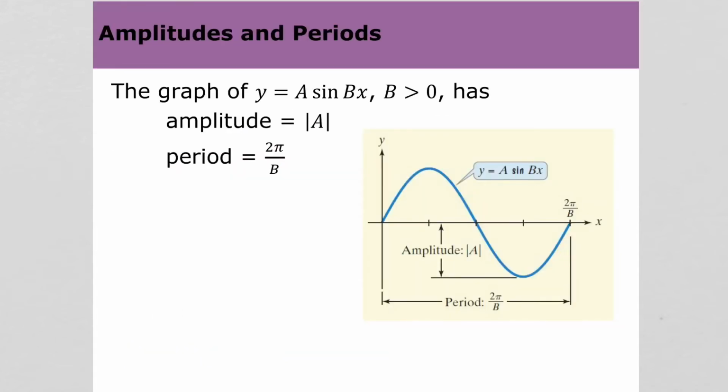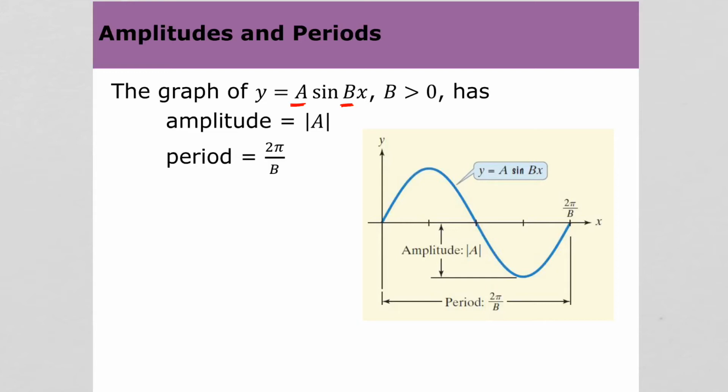Okay, so we just looked at 2 examples of how we can graph our sine and cosine using transformations. There is a general way to do this, and how to talk about the number in front and then the number that's being multiplied by the x.